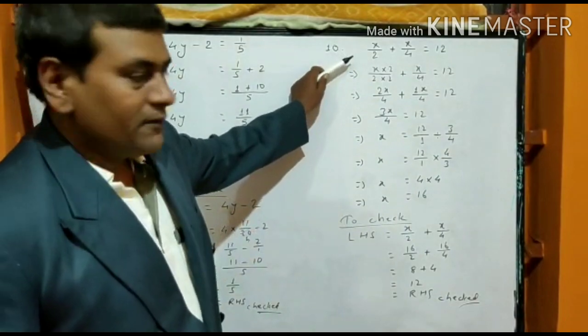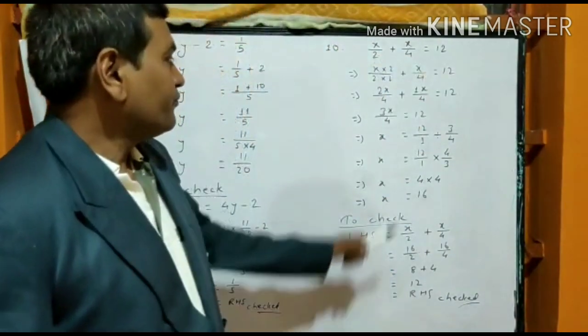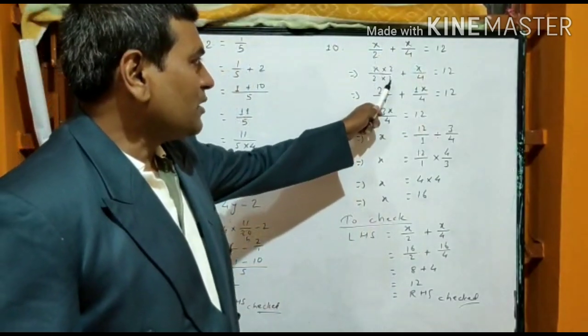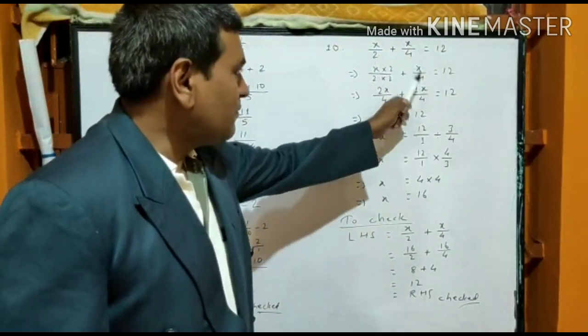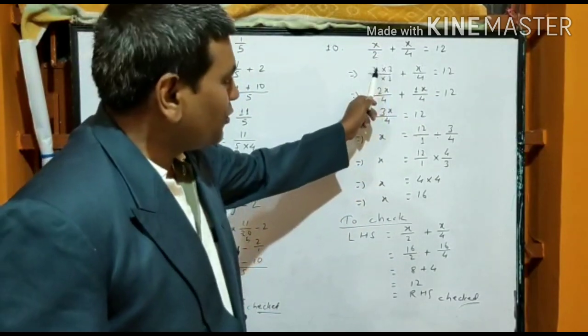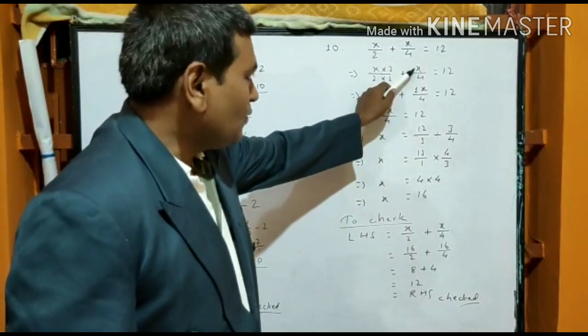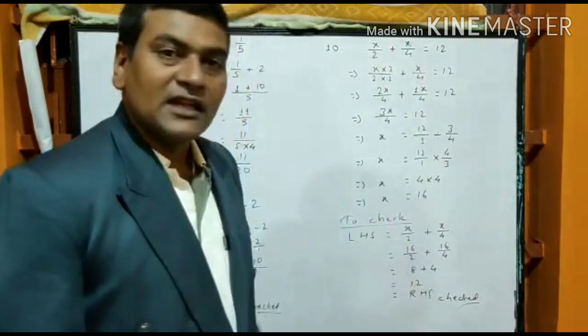Now question number 10. x by 2 plus x by 4 equal 12. Multiply denominator by 2 so that it becomes 4. Since you are multiplying denominator by 2, multiply numerator by 2. It is 2x, 2x by 4. And it is 1x by 4. Both denominators are equal.